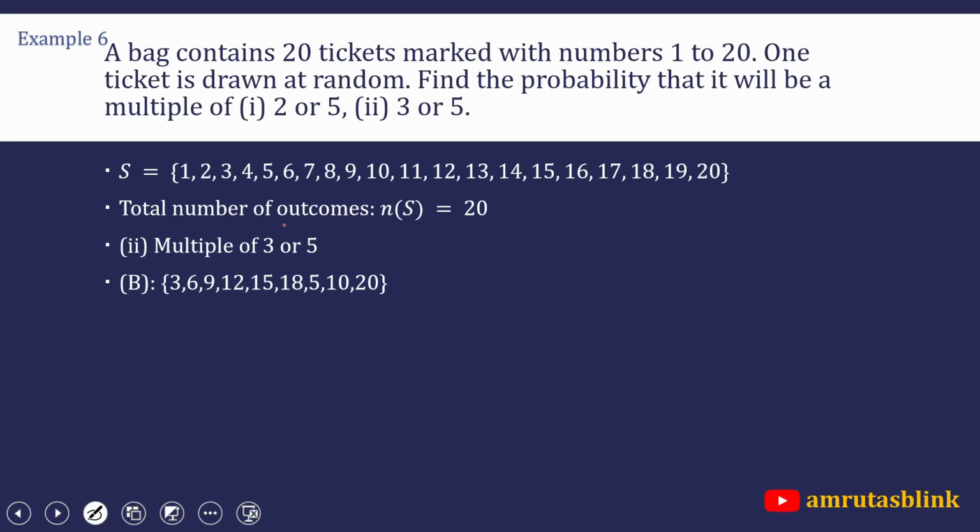So event B is equal to 3, 6, 9, 12, 15, 18, as well as multiples of 5. So we include 5, 10, 15 is already there so we will not repeat, and 20 also. How many possible outcomes are there? n of B is equal to 9, and hence probability of B is equal to n of B upon n of S, which is equal to 9 upon 20.